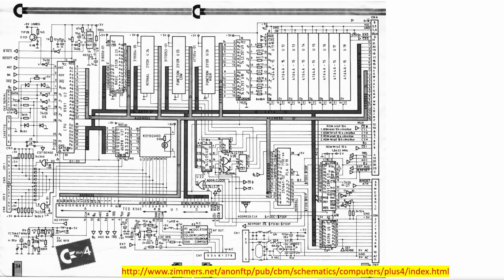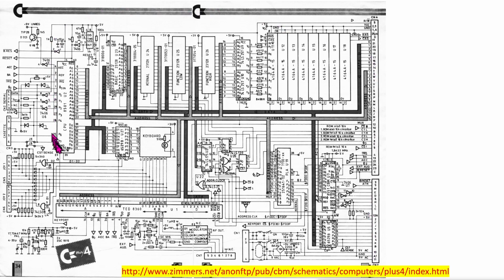And if we take a look at the schematics of the Plus 4, we actually get some help. The simmers.net website is a very good source for schematics and other stuff regarding several Commodore computers. This is not the original schematics from Commodore.